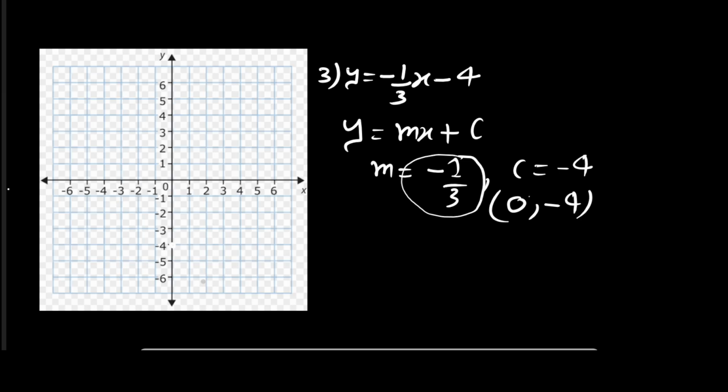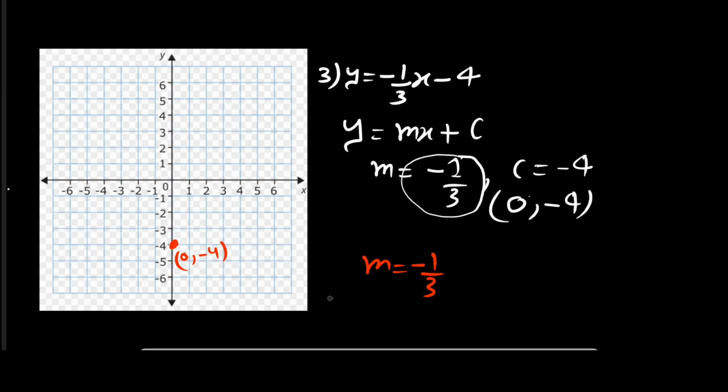I'm going to mark it in red color. So here we have slope m equal to -1/3. Now remember, the slope is the ratio of rise over run. Since the slope is -1/3, the rise is 1 unit down and the run is 3 units right.